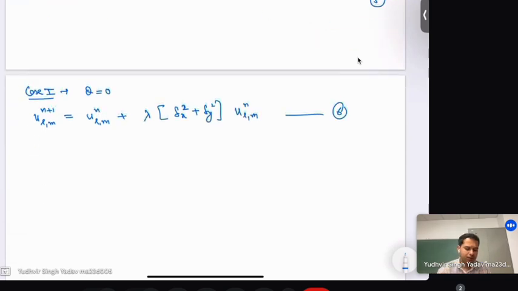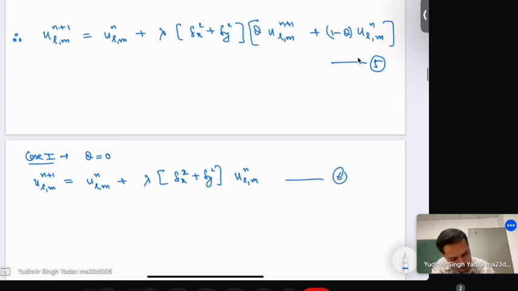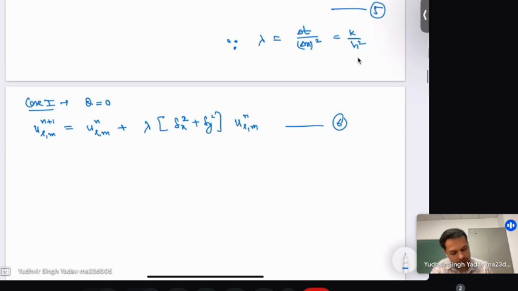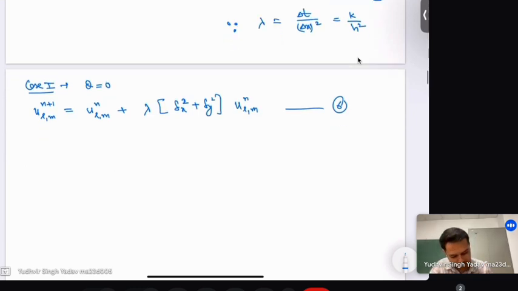Here lambda is again nothing but, as we have taken earlier, delta t by delta x square, with a common step size, so it is k by h square. And delta x and delta y represent the second order central difference schemes.